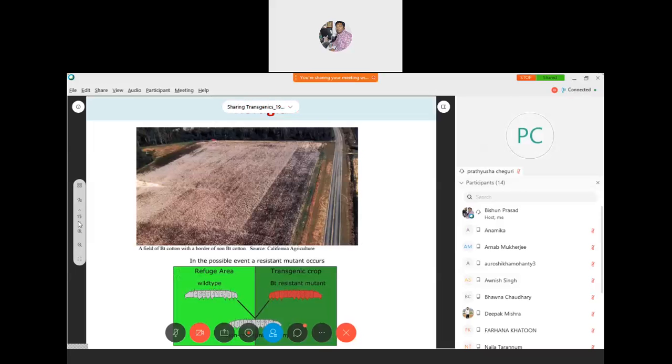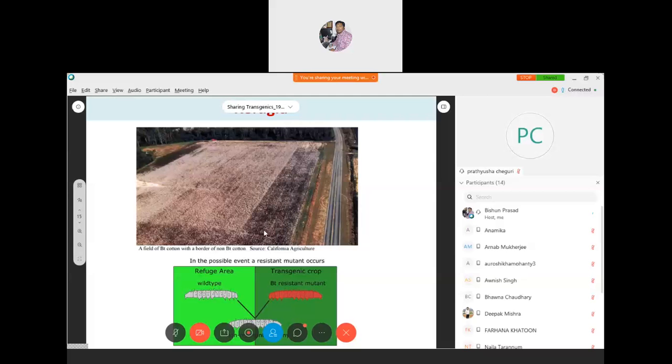So we'll see the refugia. This is a very important management strategy that farmers have to follow whenever they grow Bt cotton or any transgenic plants. So in refugia, what they do, in the transgenic seeds, non-transgenic seeds are also mixed. And in the border area, you can see in this picture, you can plant the non-transgenic plants or non-transgenic seeds. So these seeds are non-transgenic.